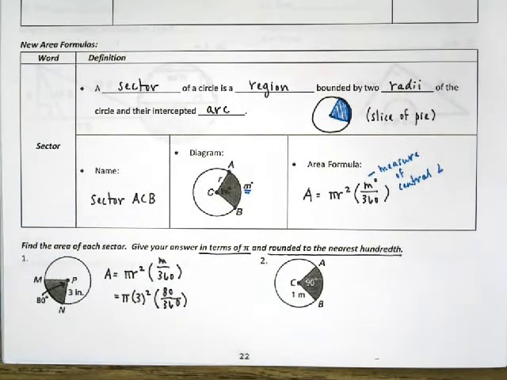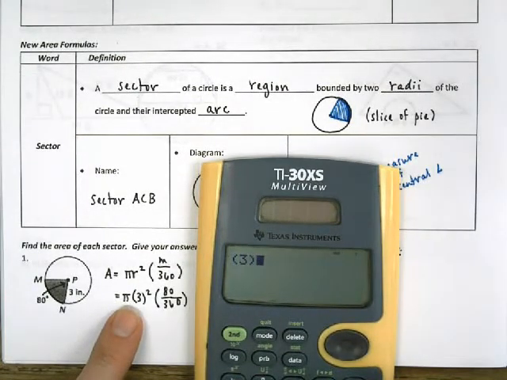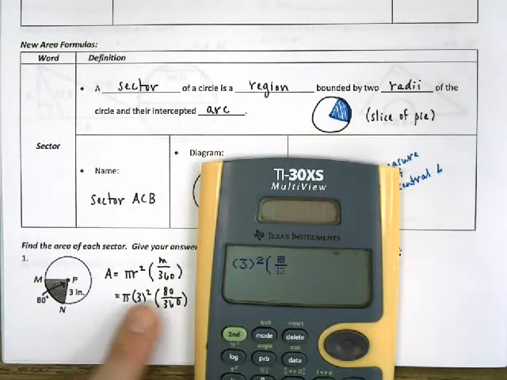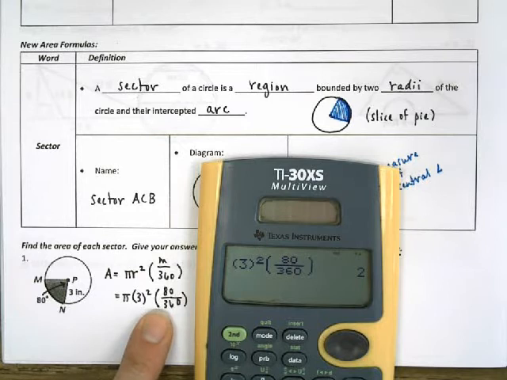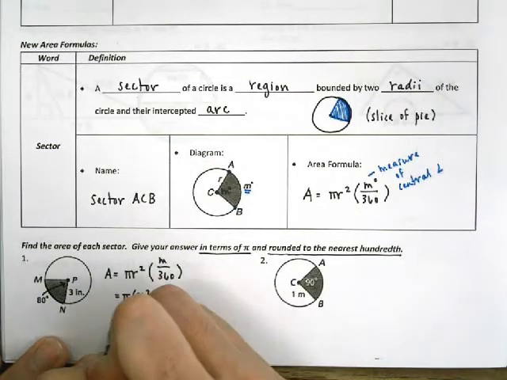Now, to get that exact, I'm going to type in everything except the pi into my calculator. In other words, I'm going to do 3 squared times, and I can use my n over d key to get the fraction, 80 over 360. So that's going to come out to 2. Now I just have to be careful to remember to add that pi back.